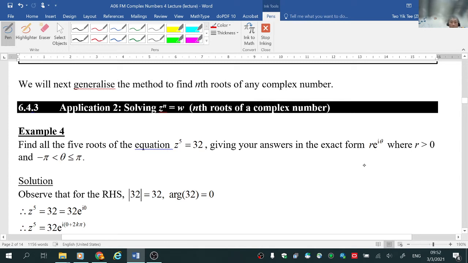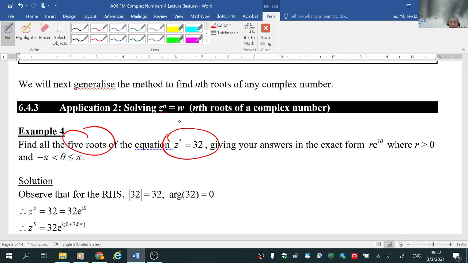Here is another example to run you through. I want you to find the 5 roots of this equation. Change 32 into r e to the i theta. The modulus of 32 is 32, and the argument is 0. So z to the 5 is equivalent to 32 e to the i 0. Based on the concept of adding cycles, this is equivalent to 0 plus 2k pi.